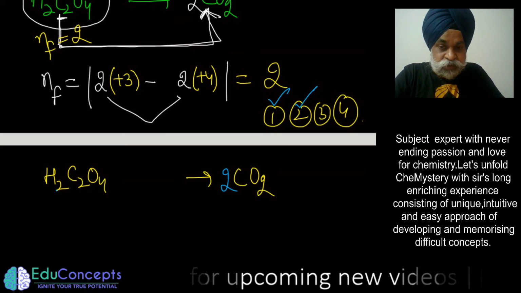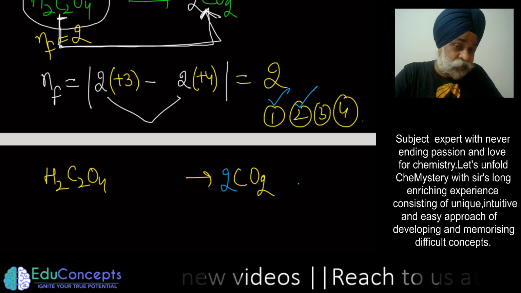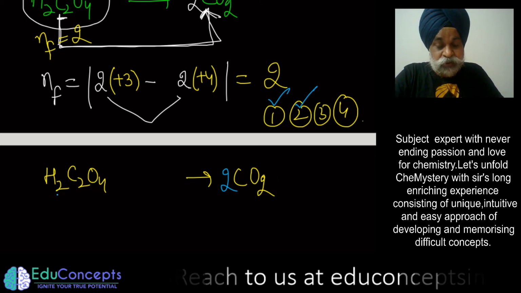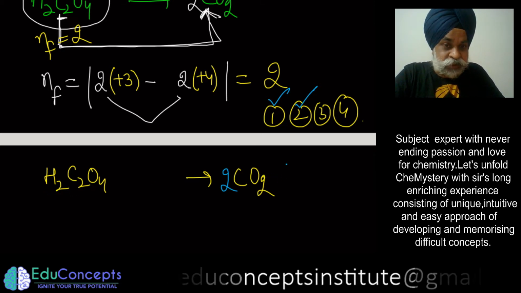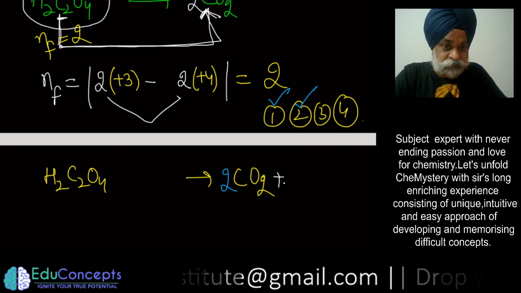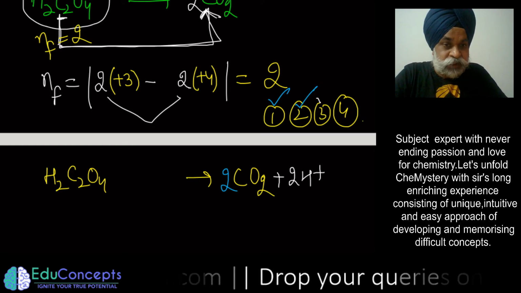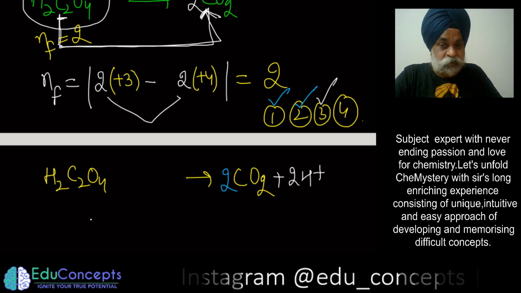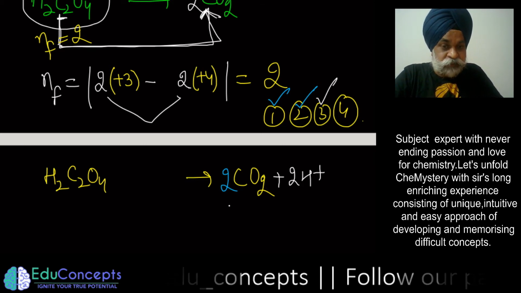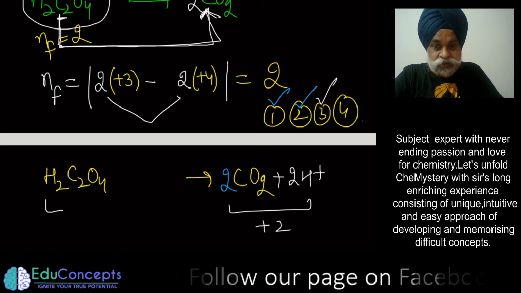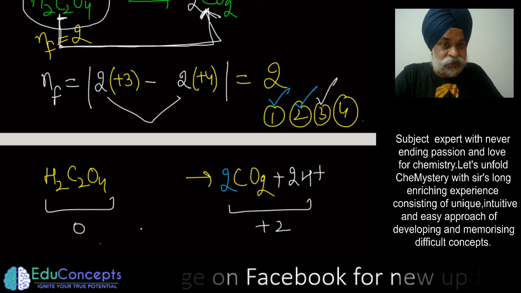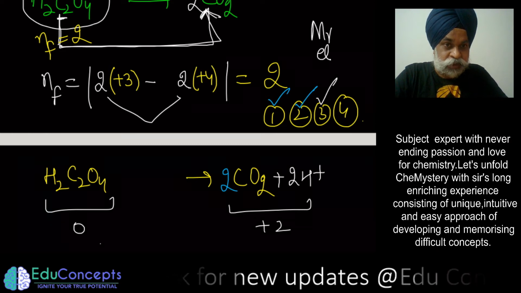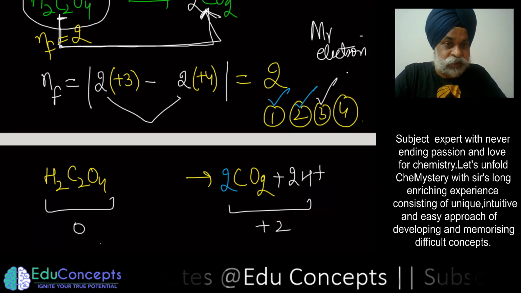Third point is you don't have any hydrogen on the product side, but you have 2 hydrogens on the reactant side. So I should place 2 H positive here. So the third point is also done. Last part is you have to balance the charge. Now what about the charge? So here you have 2 positive charge, here you have 0 charge. So charge has to be balanced with Mr. Electron. और Mr. Electron पे कितना charge है? -1.